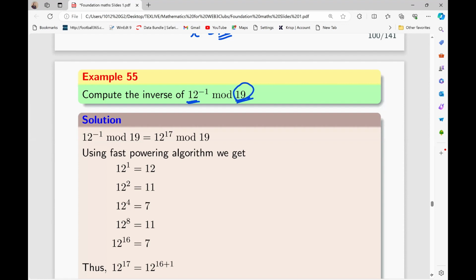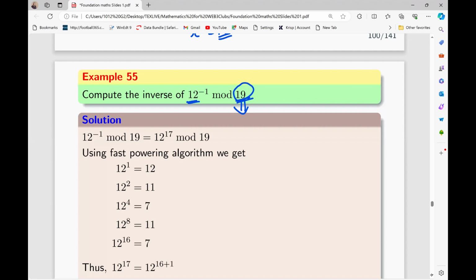You have to think of either the extended Euclid's algorithm or the Euler theorem. Of course, we have other methods, but I taught you those two. So if this number is not prime, you think of those two. But if this number is prime, then let's think of Fermat's little theorem.